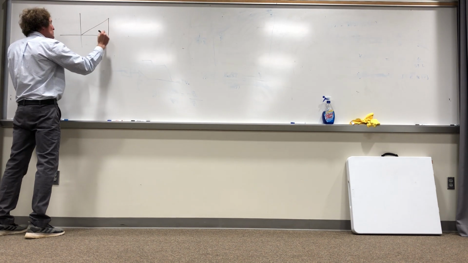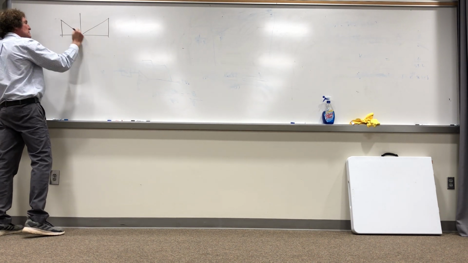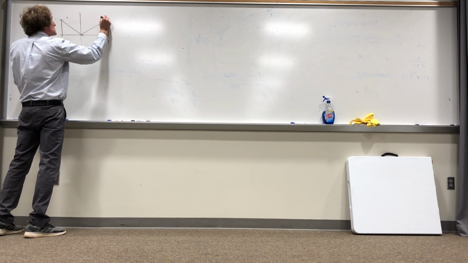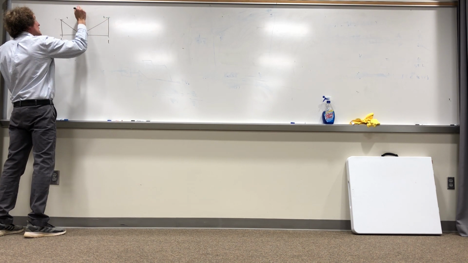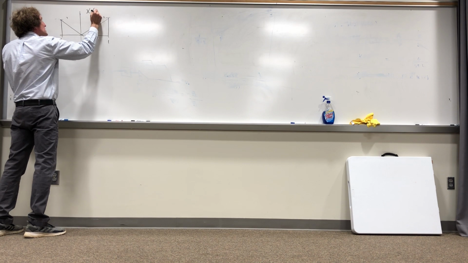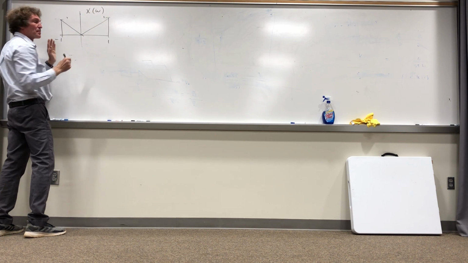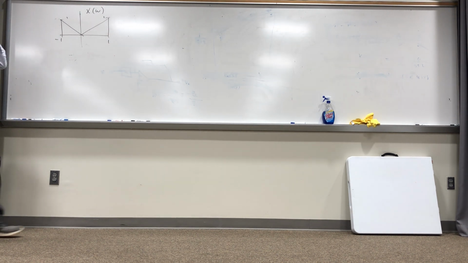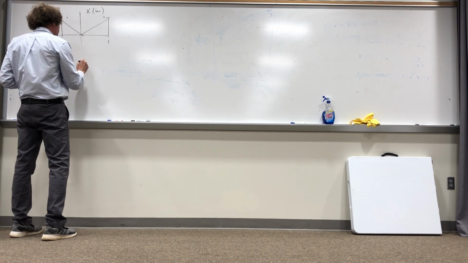Let's do it this way. And this is going to be my x of small omega. All right, so this is a Fourier transform. And what I want is x of t.